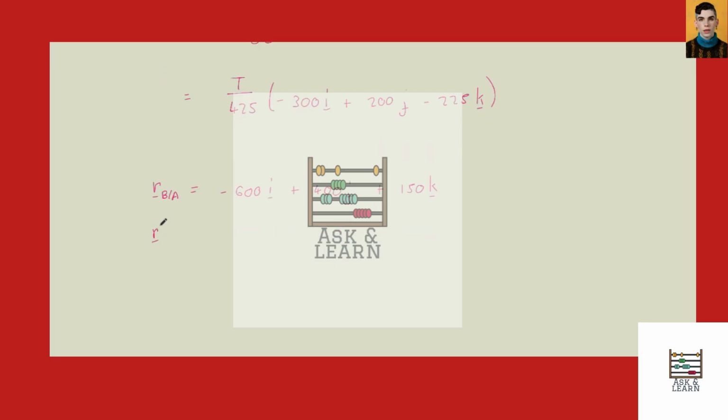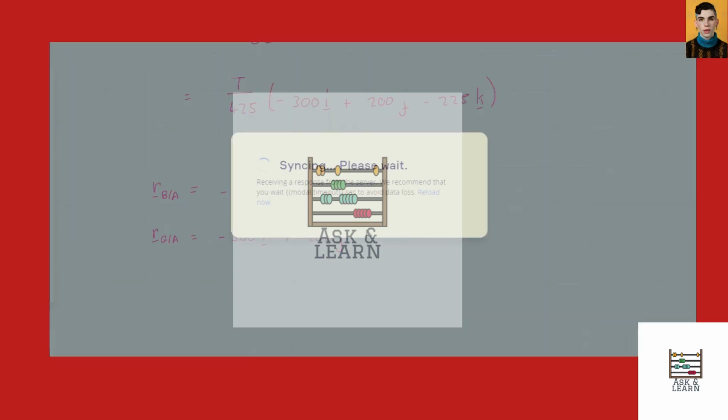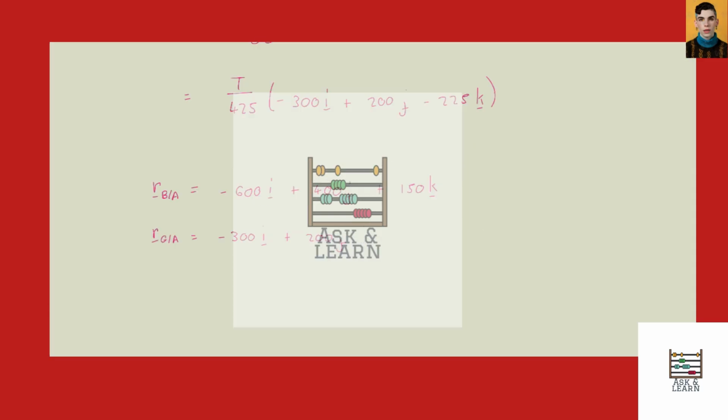The position vector RG/A is minus 300I plus 200J plus 75K. Again, this is in millimeters.